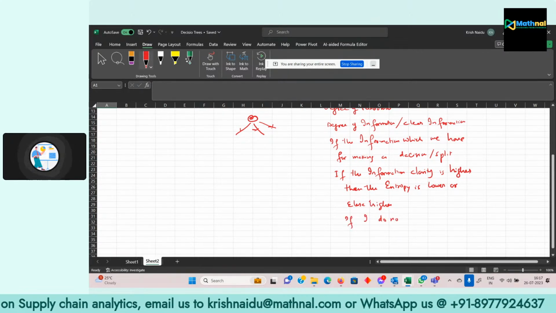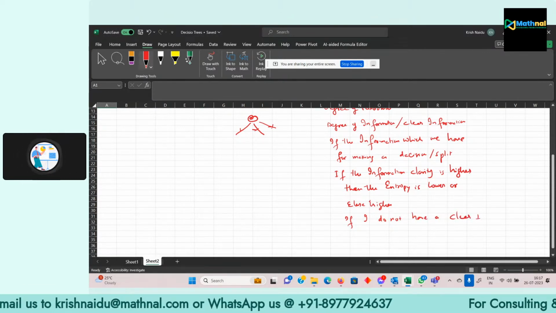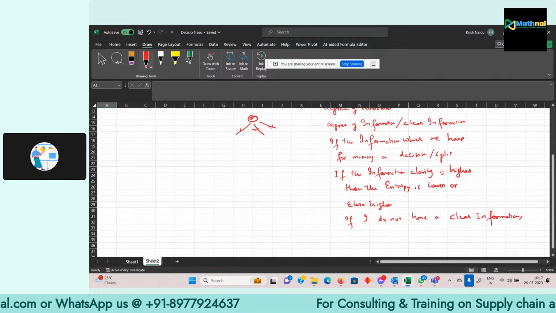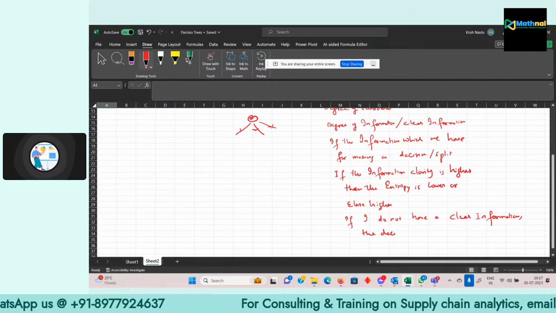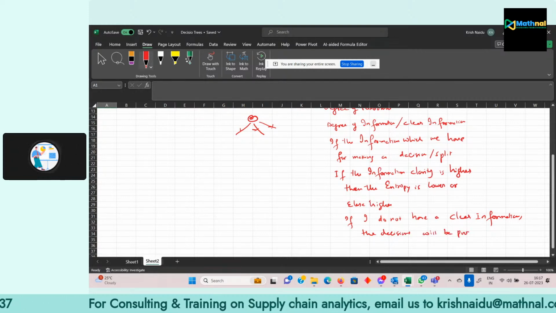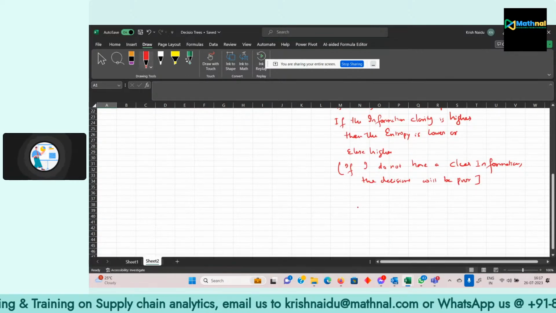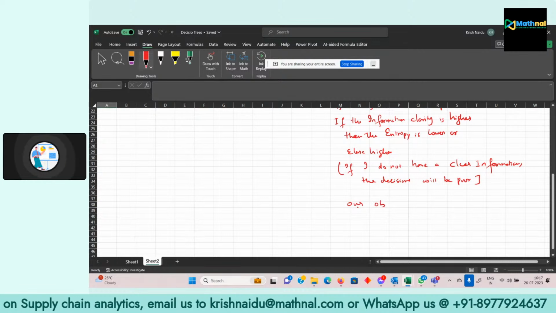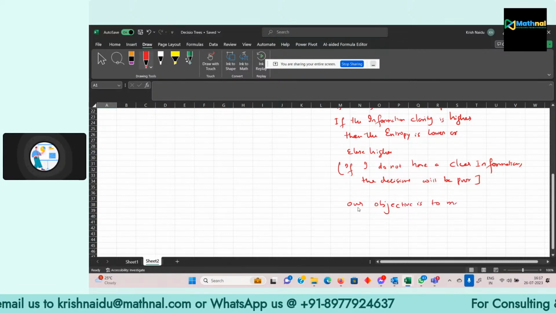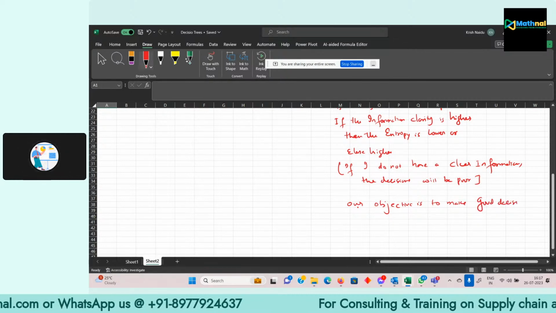If I do not have clear information, I'll make a poor decision. So what we want is to make good decisions. Our objective is to make good decisions, right?